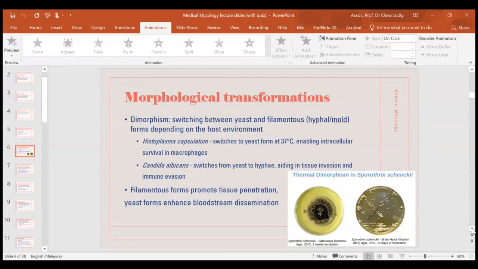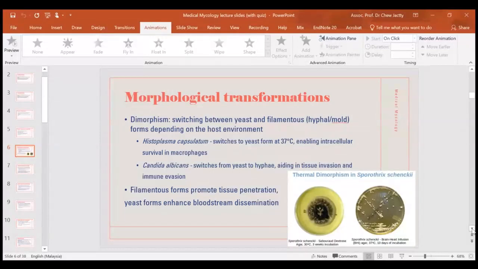So as a conclusion, the filamentous forms promote tissue penetration and invasion, but the yeast forms are better for bloodstream spread and dissemination. This is just one example, Sporothrix schenckii, one of the fungi that can cause what we call subcutaneous mycosis.